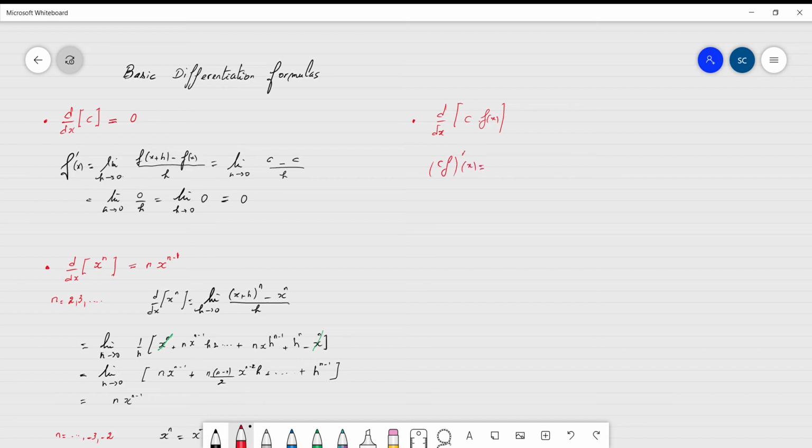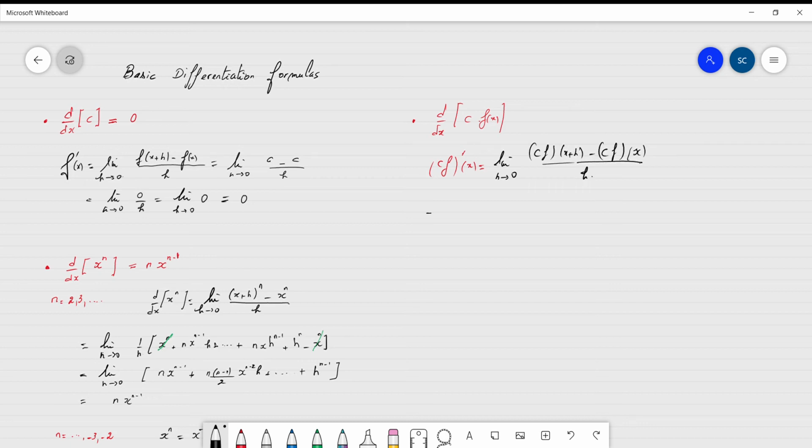By definition, it's the limit as h approaches 0 of cf(x+h) minus cf(x). It's the function obtained by multiplying the function by a constant.